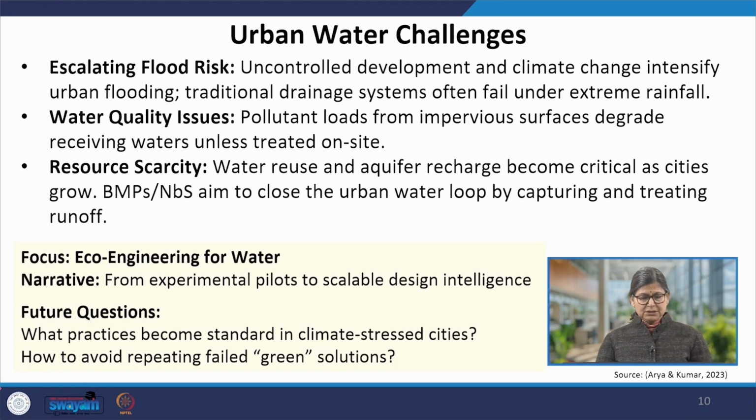Resource scarcity: water reuse and aquifer recharge become critical as cities grow. Best management practices or nature-based solutions aim to close the urban water loop by capturing and treating runoff. So the focus of eco-engineering for water is going to be the discussion. The narrative will be from experimental pilots to scalable design intelligence.